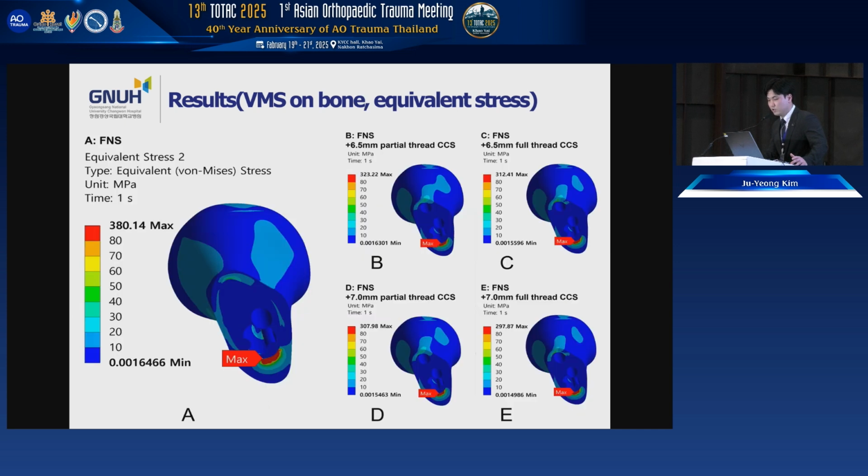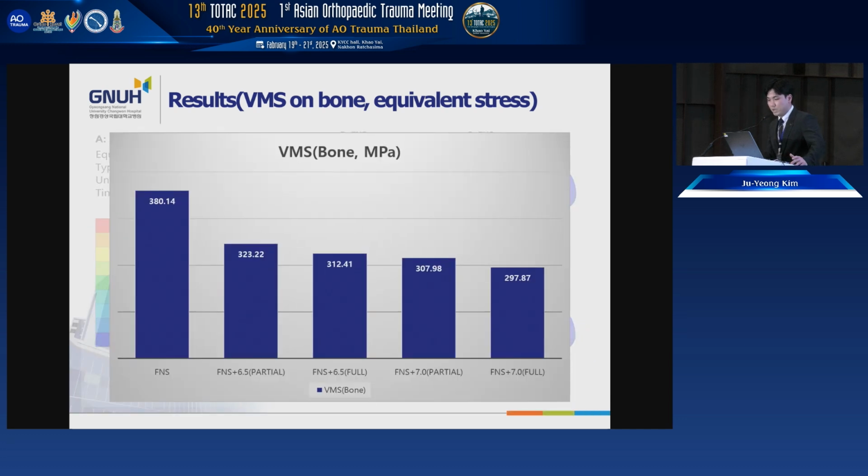The von Mises stress acting on the bone was concentrated in the inferior portion of the femoral neck. In the FNS alone group, the von Mises stress was measured at 380.14 megapascal. However, with the additional cannulated screw fixation, a reduction in stress was observed.